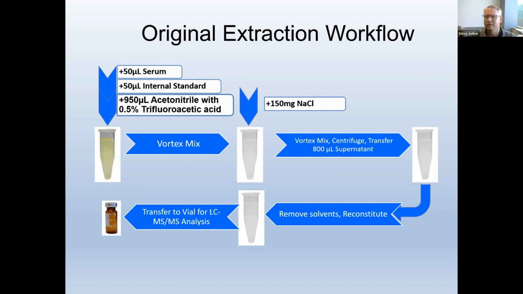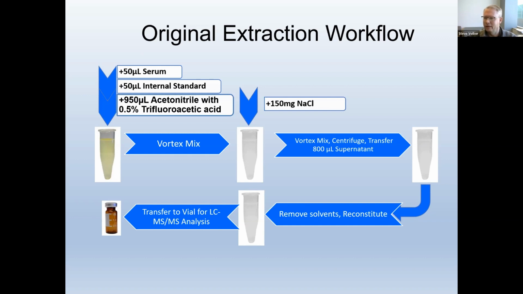And then we add 950 microliters of acetonitrile that contains 0.5% of trifluoroacetic acid. And this is all performed in a 1.5 milliliter microcentrifuge tube. And at that point, we have everything in the tube, vortex mix it. And then we have the addition of sodium chloride.